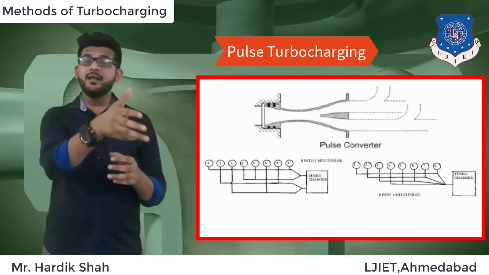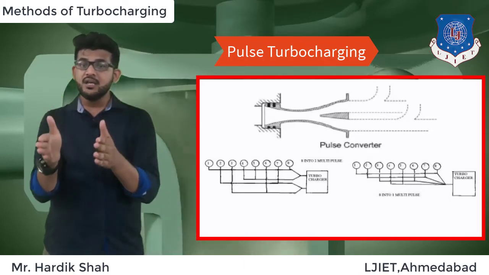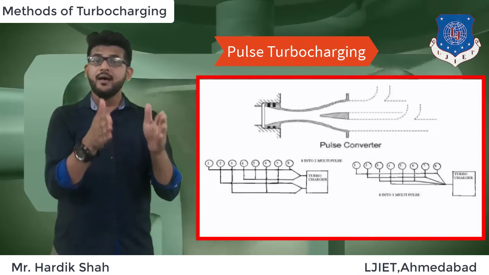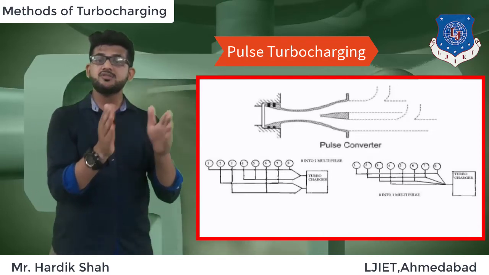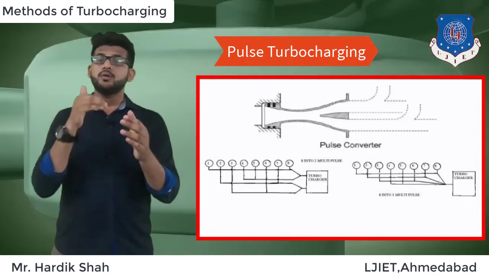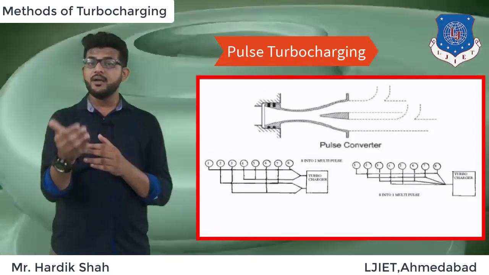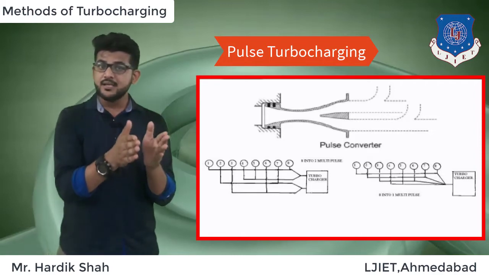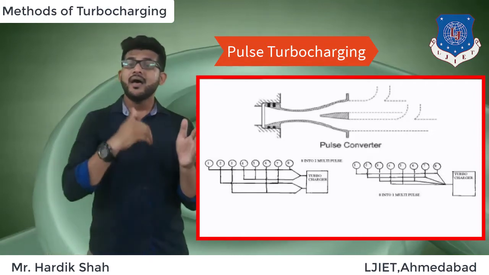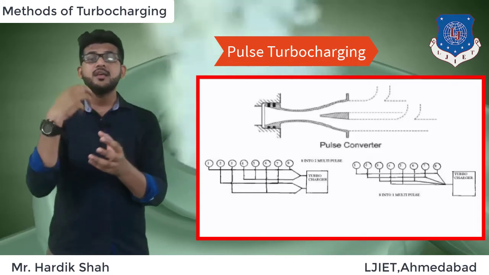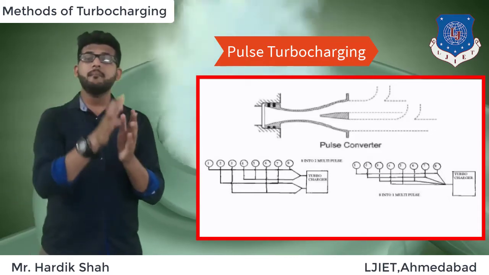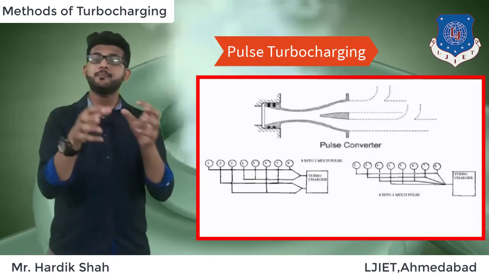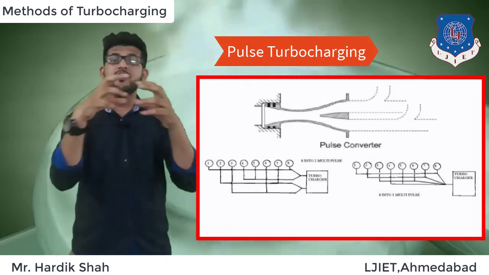So, it creates a suction effect in the exhaust line and helps in the scavenging process of the engine. In the diffusion section after the Venturi, the pressure is gradually increased, and the high pressure exhaust is given to the turbine, so it will work better. It also gives a quick response to the engine because of that Venturi section.